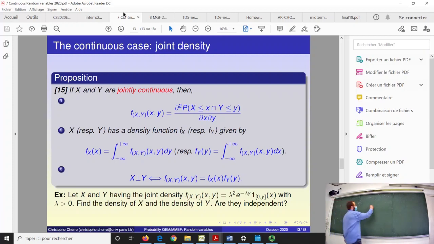What is the primitive of exponential minus xy? Keep in mind that I do the integration with respect to y. So x is considered here as a constant, a strictly positive constant, but a constant, when I do the integration. So what is the primitive of exponential minus xy?